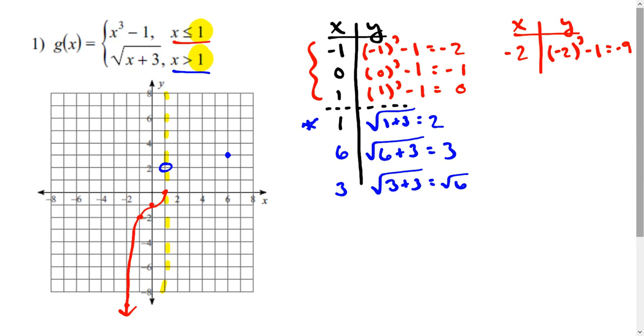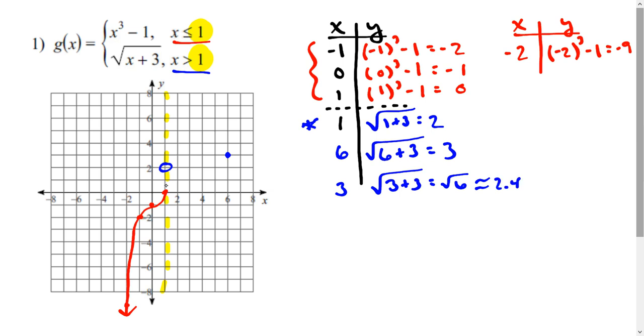So just for grins and giggles, let's say you tried to find the square root of 6. What's the square root of 6? 2.449, so call it 2.4-ish.